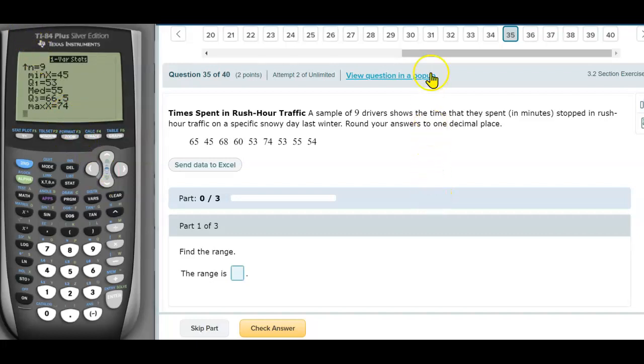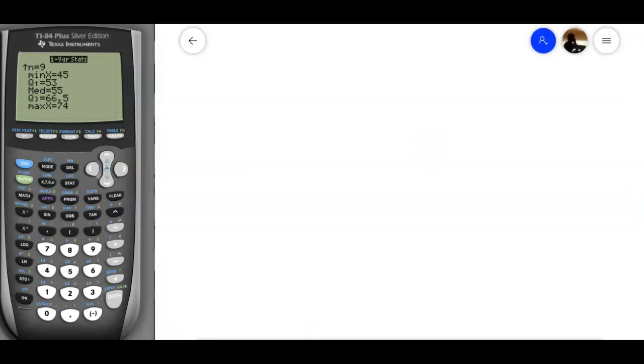So let me go to the whiteboard just to make sure that you understand what I'm doing. Here we have the range is equal to the maximum number minus the minimum number, right? The maximum is 74 and the minimum is 45.